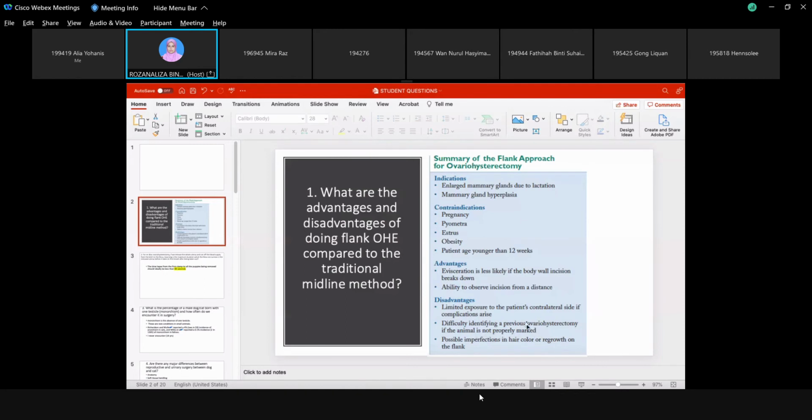Especially in trap, neuter and release, or trap, neuter and rehome programs, the cats and dogs will have ear tipping, meaning that we snip off the tip of the ear. Sometimes staff forget to perform the ear tipping, and when they perform the flank approach, you might not see any scar on the midline. So we might put the patient through 2 OHEs.